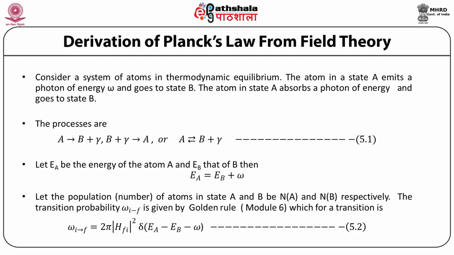The transition probability for the state to go from the initial i to the final state f, omega_if, is given by the golden rule, which was derived in module 6, which for a transition i going to f is equal to 2 pi into |H_fi| squared, the matrix element, and the delta function of the energy, namely E_A minus E_B minus omega.